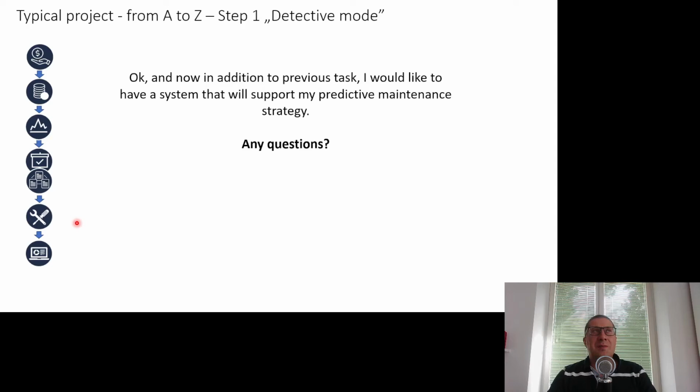Another question is, if we know about those faults in advance, so we can predict them, can we do something with this? Because even if we predict the fault, but no action will be taken, we just run our process and wait till the device breaks down, then the predictive maintenance strategy makes no sense.